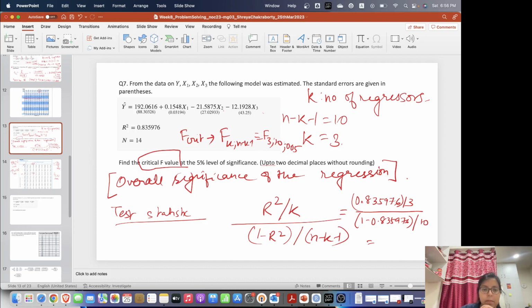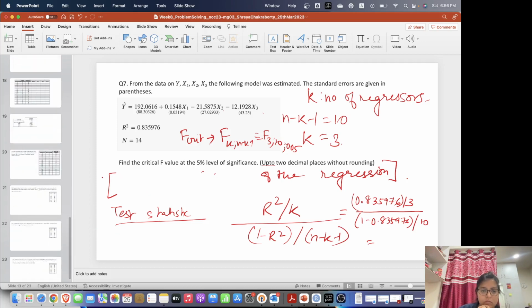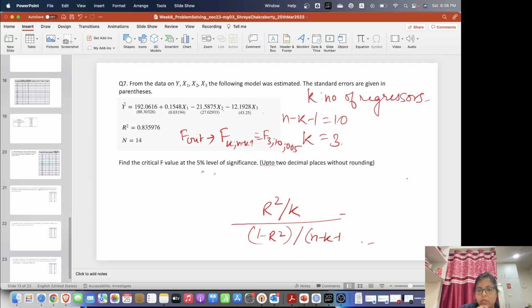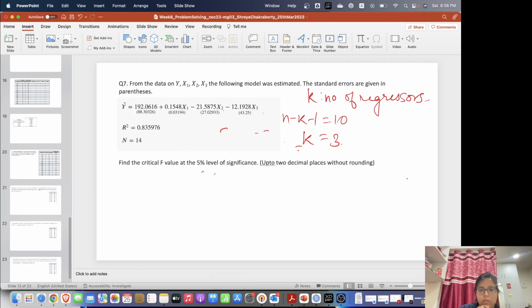So I'll just erase this for the time being. So F critical was F 3, 10, 0.05. So this was 3.71.